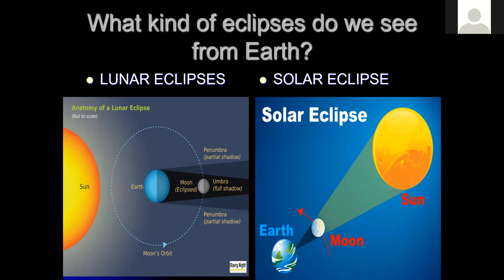When the earth is behind the moon, it's a solar eclipse. Because from the earth, the sun is being hidden. And then from the earth here, the moon is being hidden. And so that's why they call them one a lunar eclipse and one a solar eclipse.